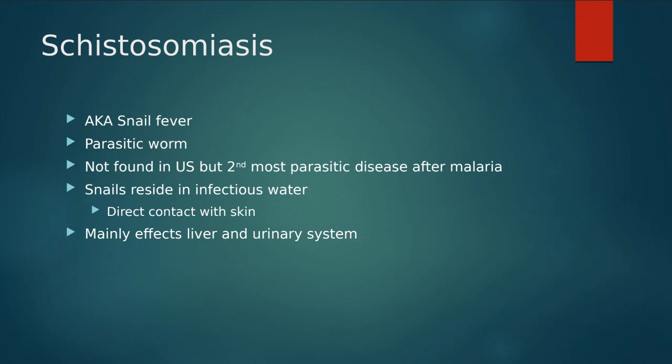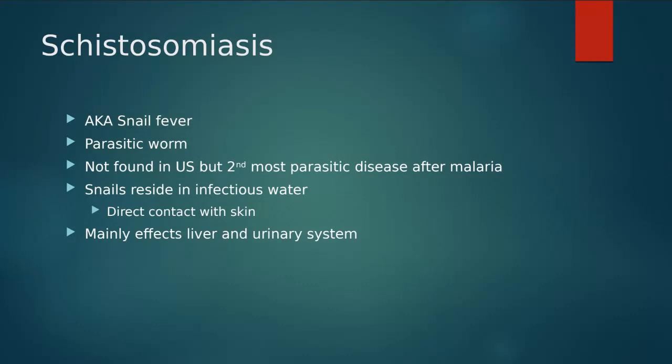This is a type of parasitic worm that we get, so a little bit bigger than the amoebic abscess. This is an actual parasitic worm. This is not something that we see commonly in the US, but it actually is the second most common parasitic disease after malaria. So worldwide, if you take an international position somewhere, this is something that you could be seeing quite a bit.